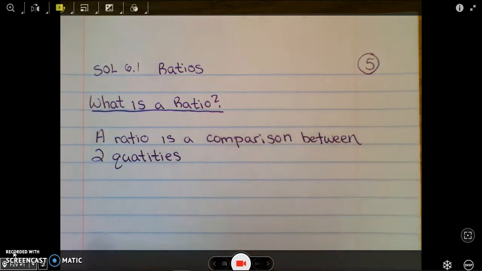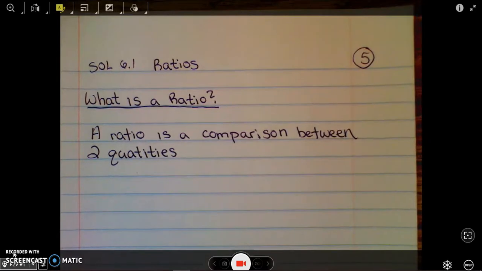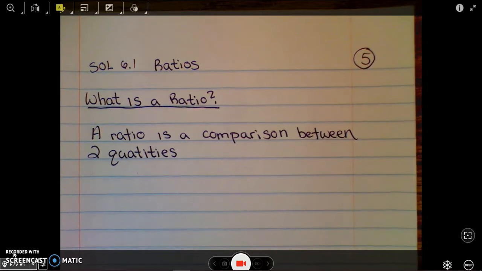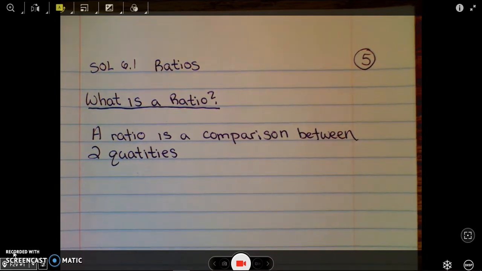If you have talked about maybe in science class doing some observations or collecting data, you might have talked about quantitative and qualitative data. One of those has to do with numbers. Quantitative deals with numbers, and qualitative deals with other characteristics, like maybe the color or the shape. So if quantitative data is dealing with numbers, then quantities have to do with numbers.